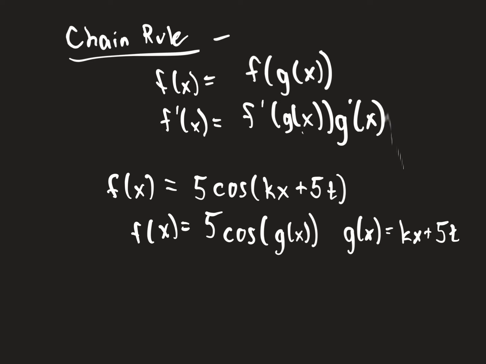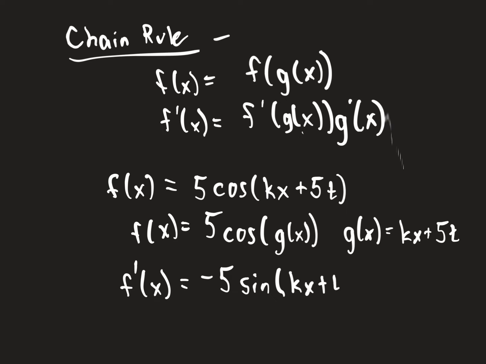Now to take this derivative, I need to take the derivative of f of x. So what's the derivative of 5 cosine g of x? What's the derivative of cosine? Negative sine. So the constant stays with me, 5 times negative sine, kx plus 5t.